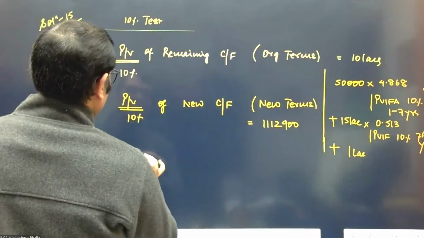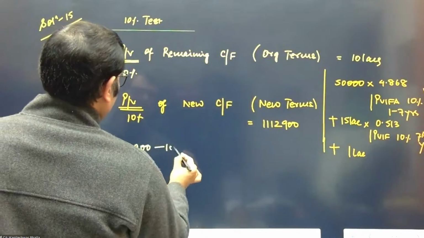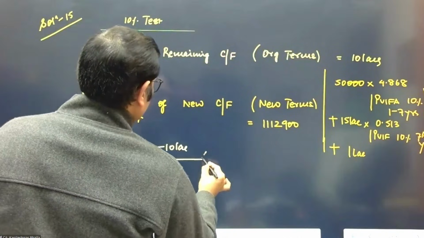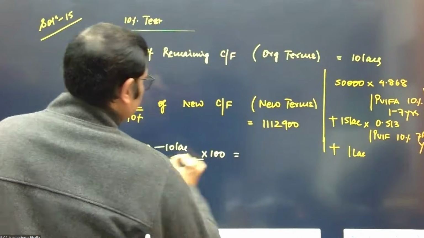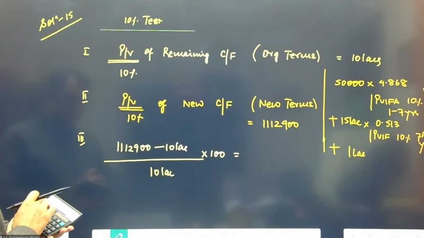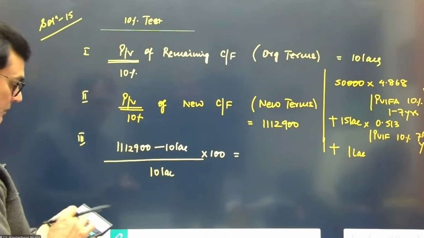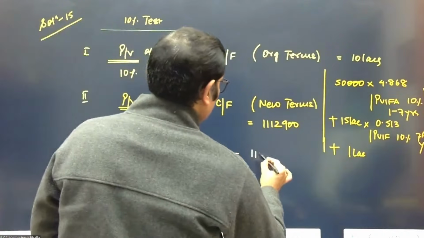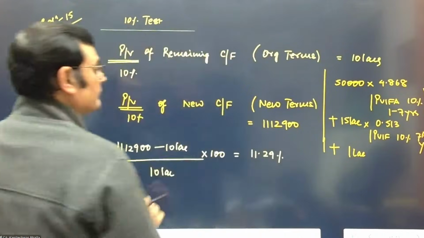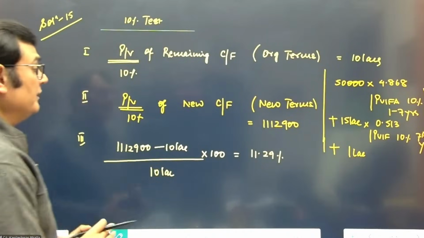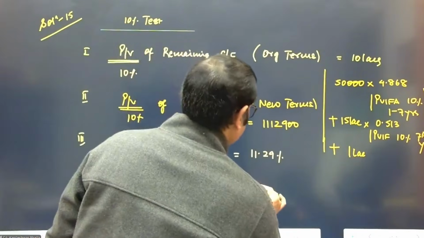So 11,12,900 minus 10 lakh over the base of 10 lakh. Let's see what the change in percentage is. That's 11.29%, so that stands more than 10%, which means we are going to apply extinguishment accounting.